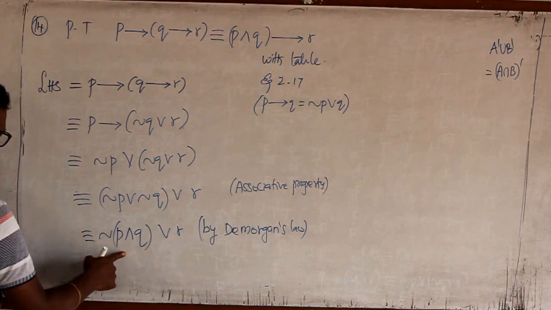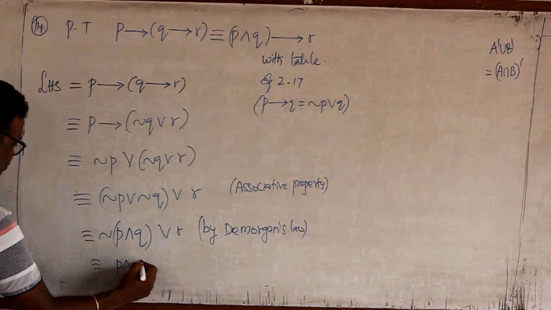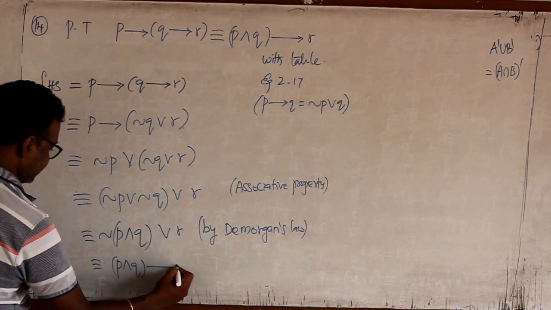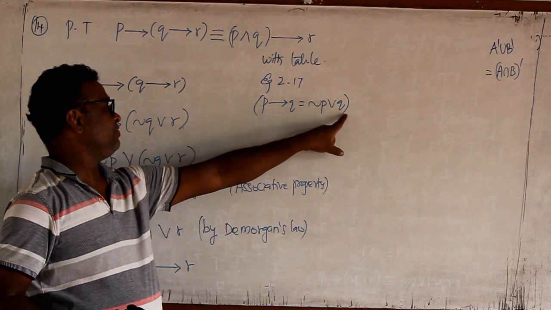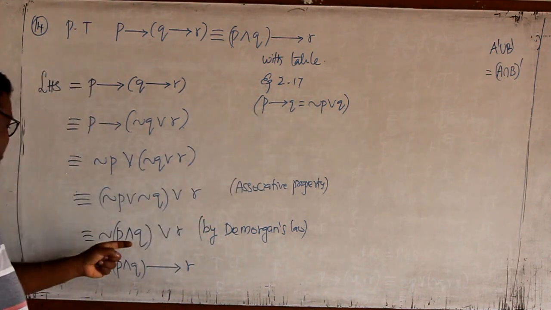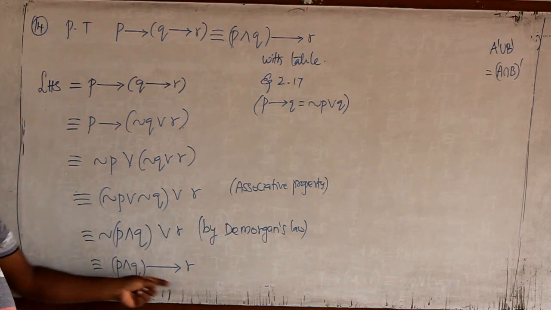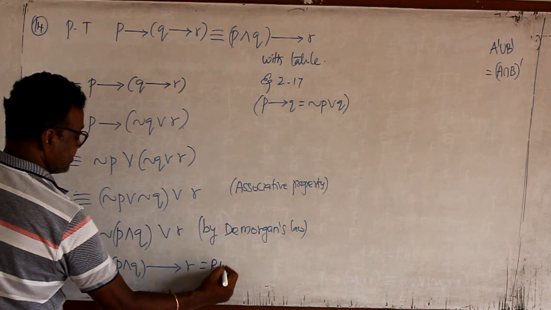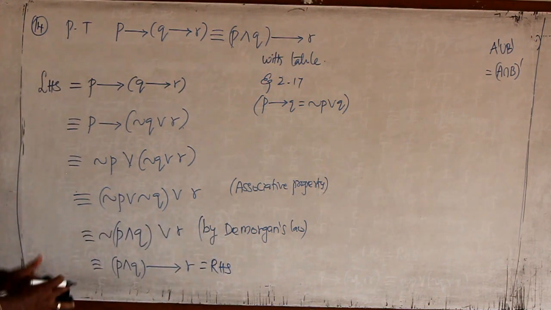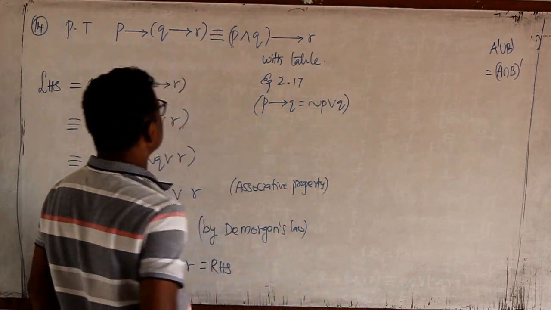Now see, the first set is having negation, that means it is P and Q, and this is R, so it tends to R. See that? As per this, negation of P or Q is P then Q. Negation of first set or R means this set then R. Is it proved? This is our RHS. Hence we proved this one is equal to this. With that, exercise 12.2 is over.